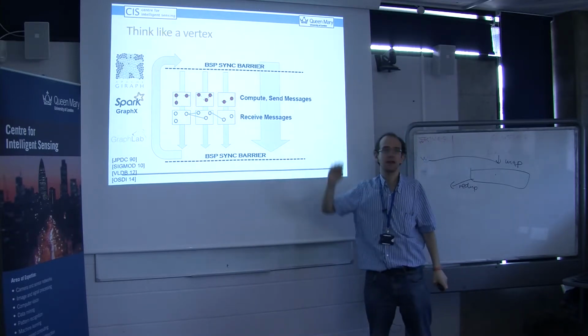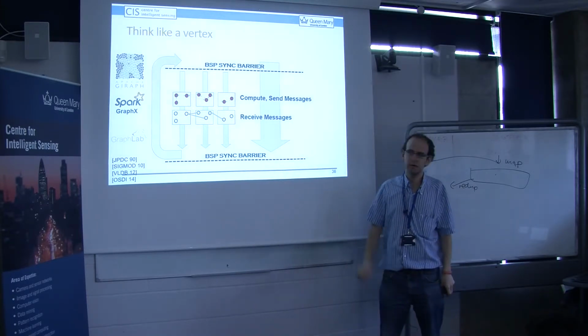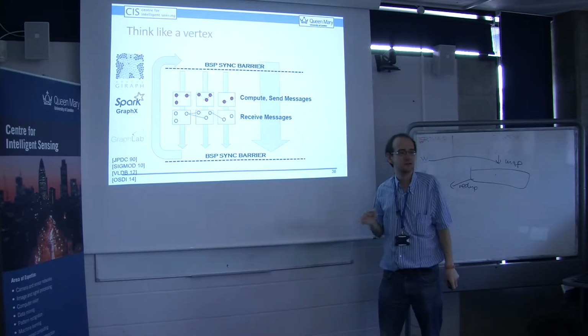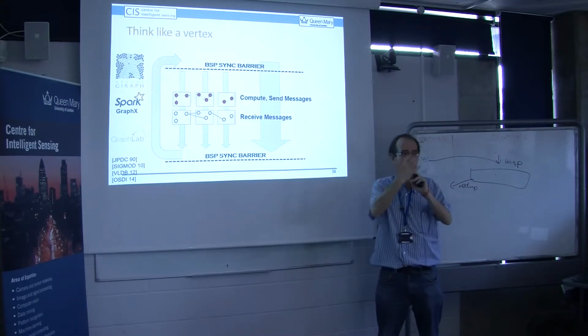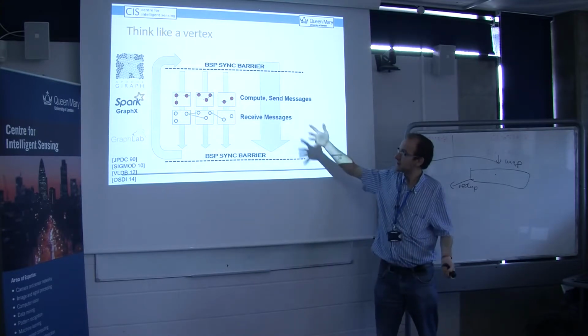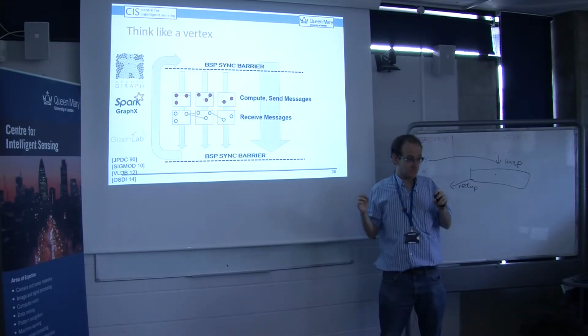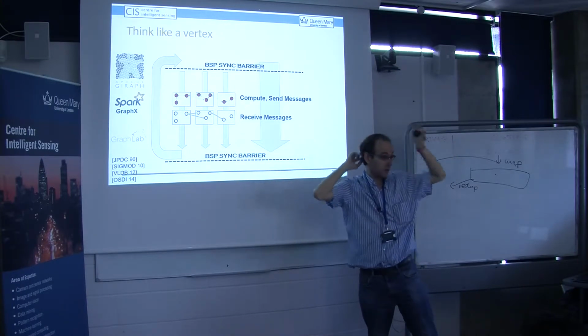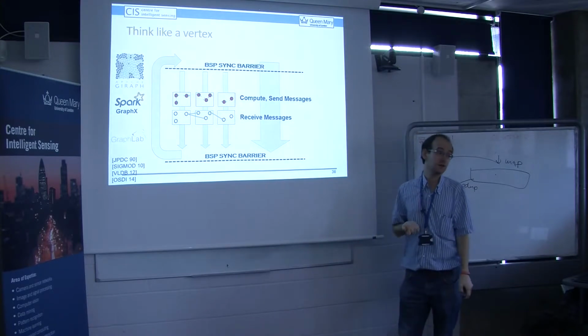They don't call it think like a vertex, they call it think like, I don't remember the word they use, a strange word, so that you can basically define a pattern, and they try to do something similar to that. They take that pattern and automatically parallelize how you are exploring that pattern in the network.